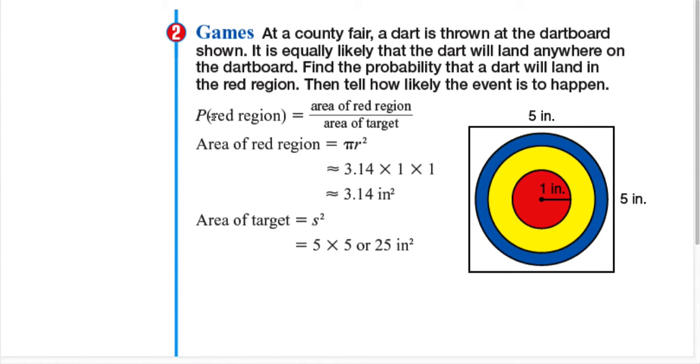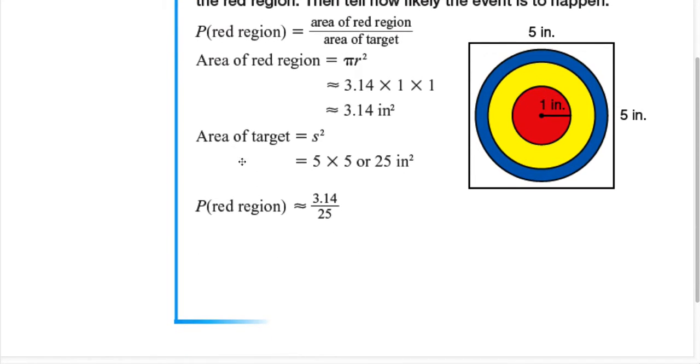So therefore, the probability of it landing in the red region, after we substitute 3.14 and 25, would be equal to 3.14 over 25. And that's about 3 over 24, or around 1/8. We use compatible numbers to simplify 3.14 over 25. We're simply estimating.